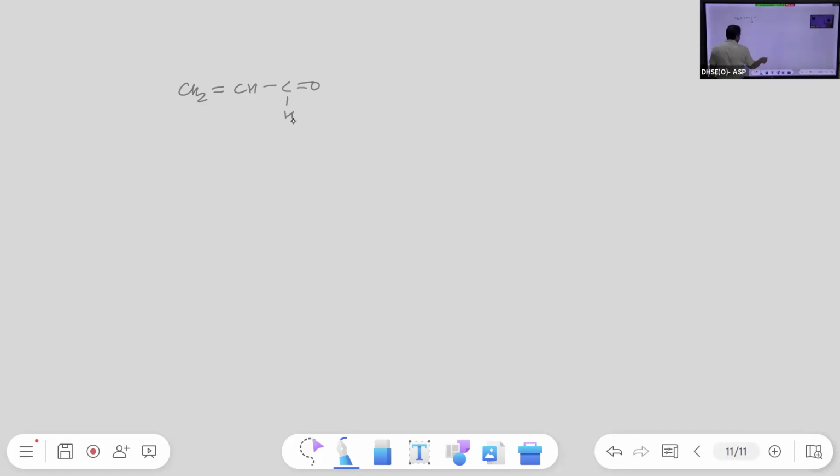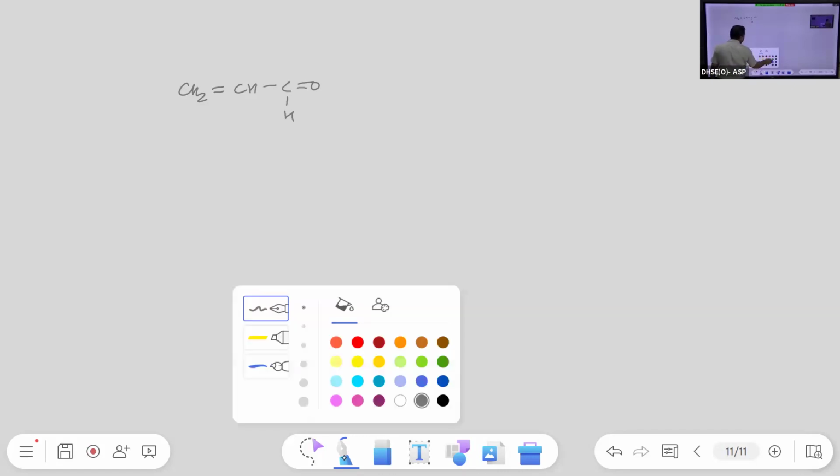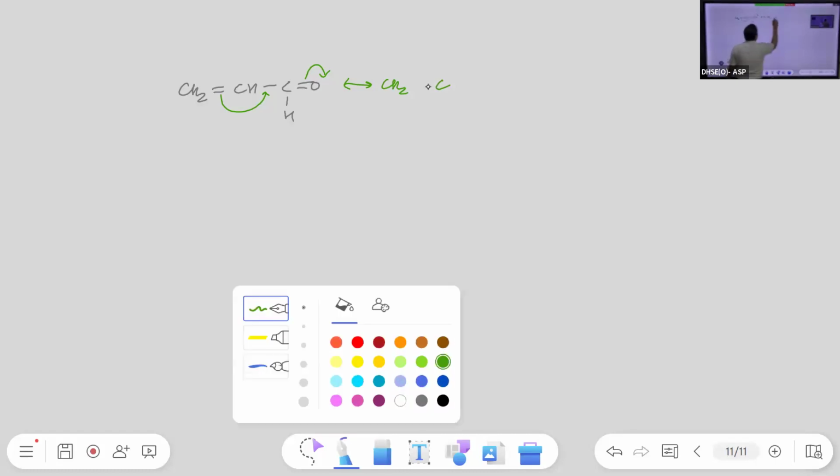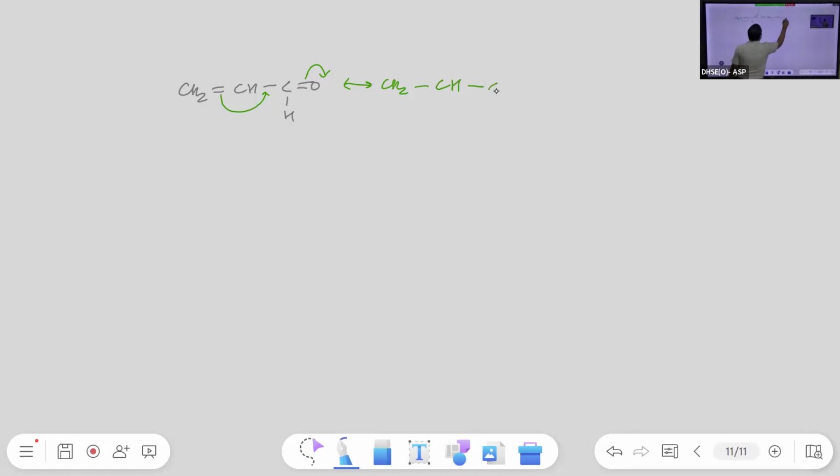Here, oxygen is more electronegative than carbon, so the shared pair of electrons will move towards oxygen. Here it will be a double bond, and it will have a plus charge.